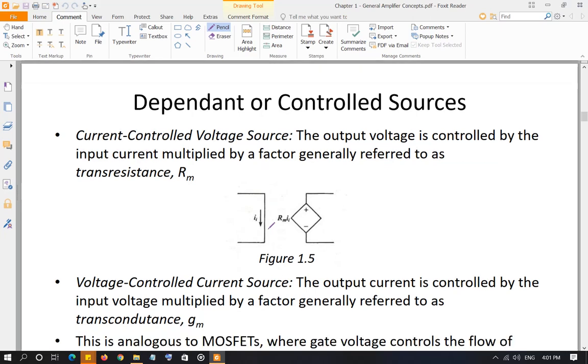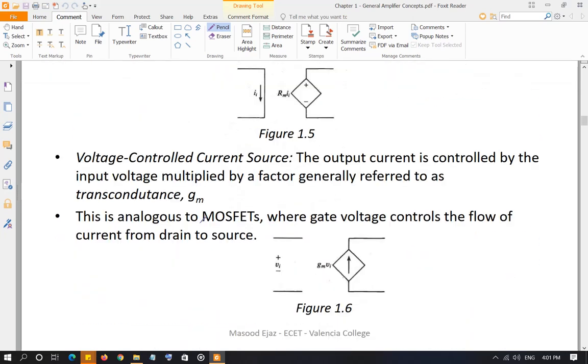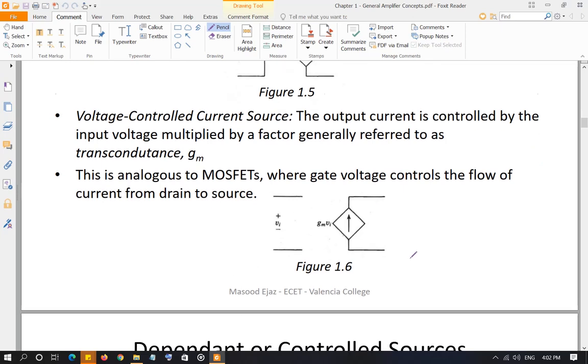And then you have the third one, the voltage controlled current source. Now you have two current sources, and in this case the current source is dependent on the voltage that is produced in some other part of the circuit. This is similar to a MOSFET, because in a MOSFET the current flowing from drain to source depends upon the voltage you give between gate and source.